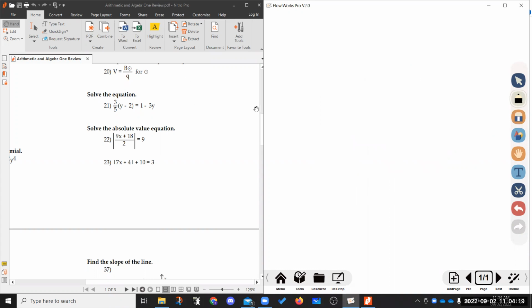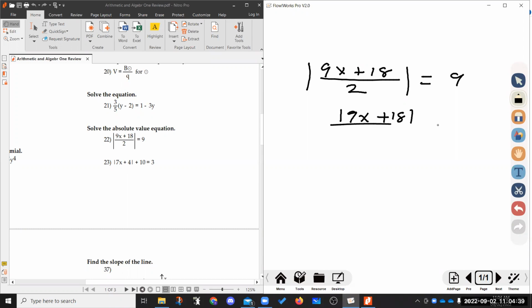All right, now we're going to solve this absolute value equation. 9x plus 18 in the numerator over 2 is equal to 9. So first things first, I'm going to simplify things a little bit for myself. I'm going to write this as the absolute value of 9x plus 18 over the absolute value of 2 is equal to 9, which is the absolute value of 9x plus 18.